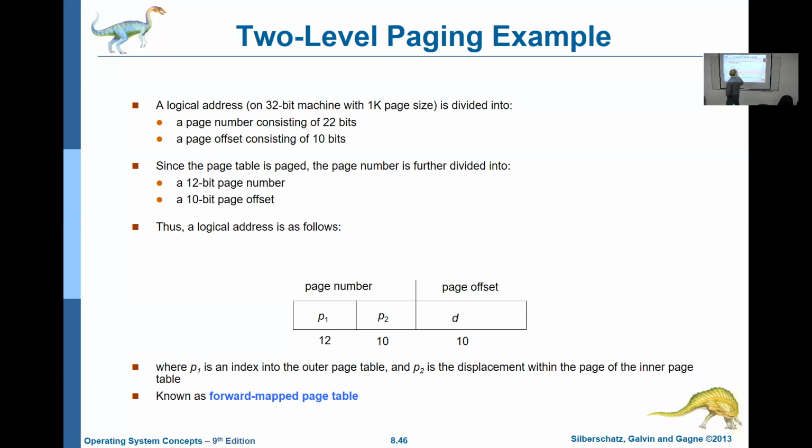Whatever is left over is the number of pages that my page table has. So my page table has 2 to the 12th, or 4 kilo rows, in my outer page table.